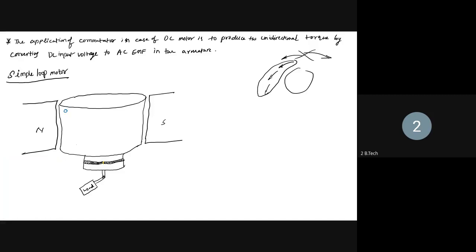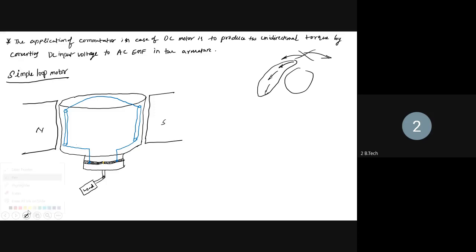This is conductor AB and this is conductor CD. These will be welded to the commutator segments.